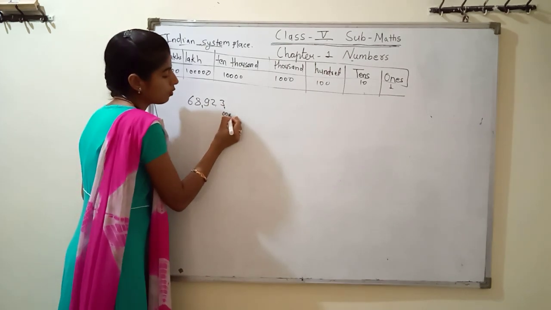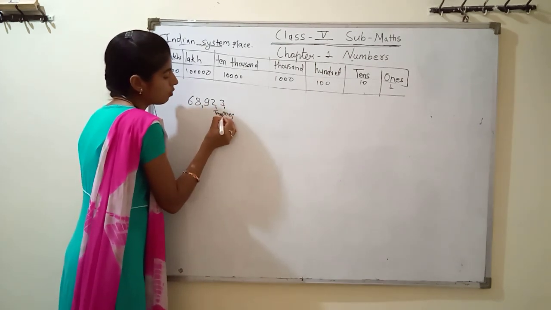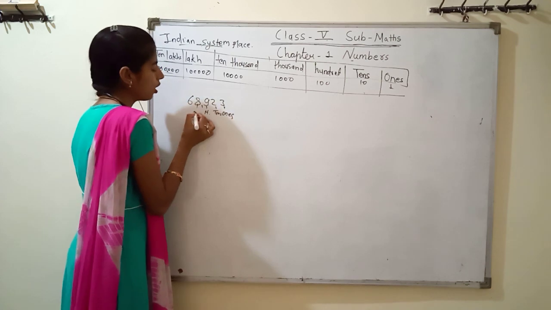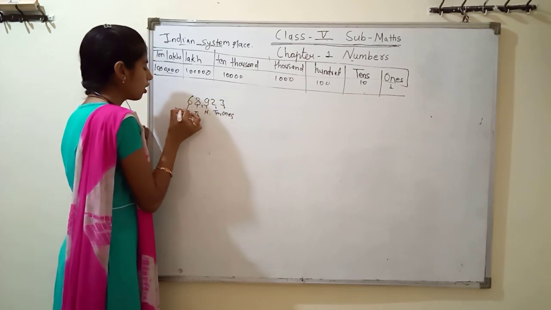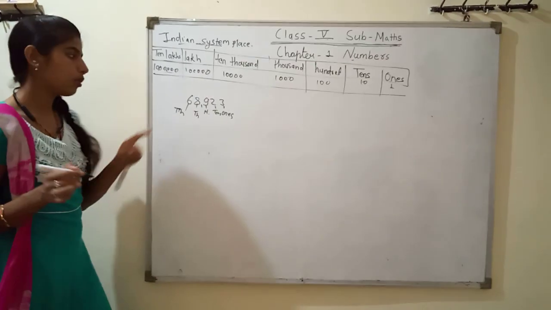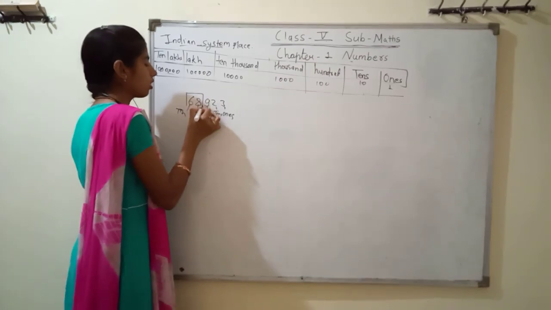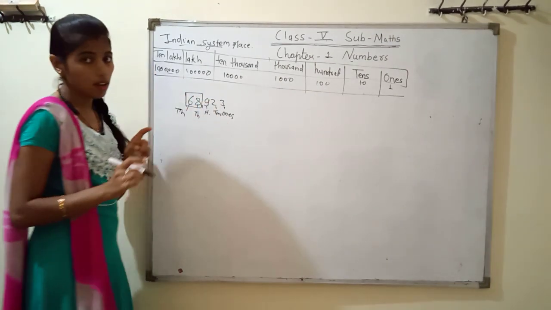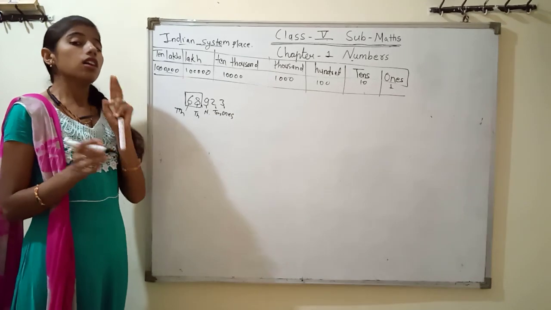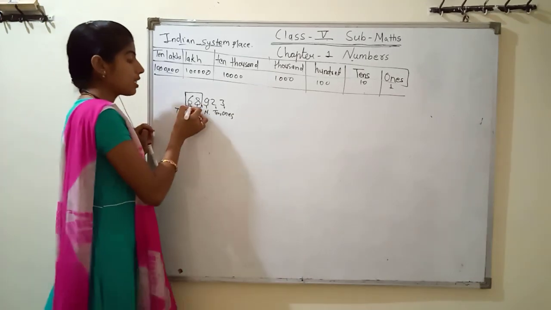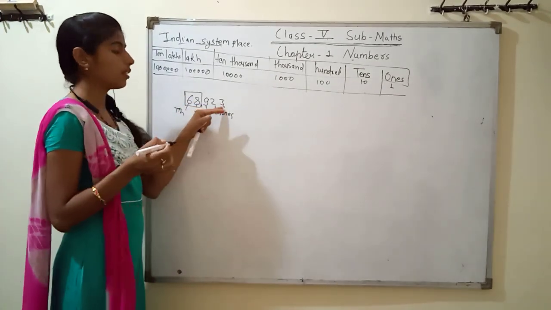It's the ones value. It's the tens value. That is 100 value. It's 1000 and it's 10,000. I already said to you that 1000 and 10,000 are both read together. Then we can say 68,923.